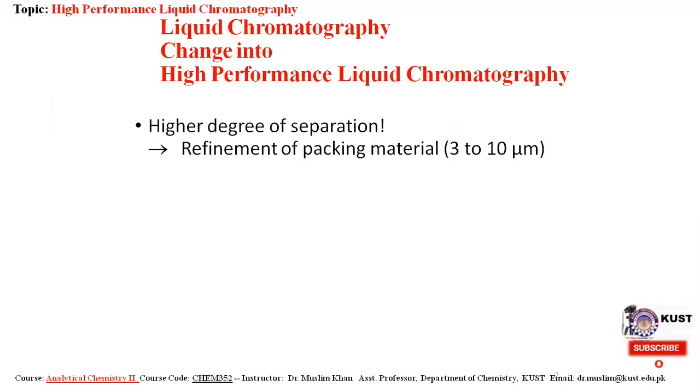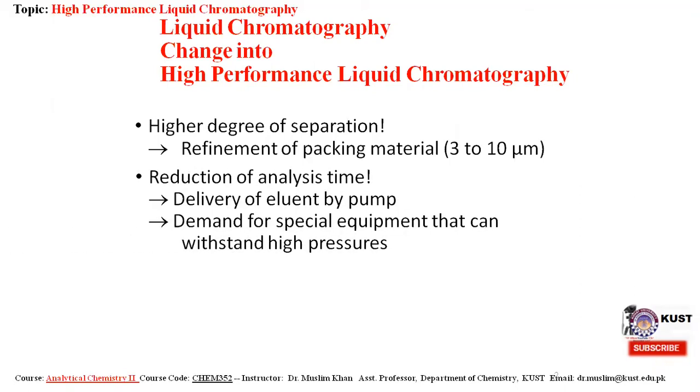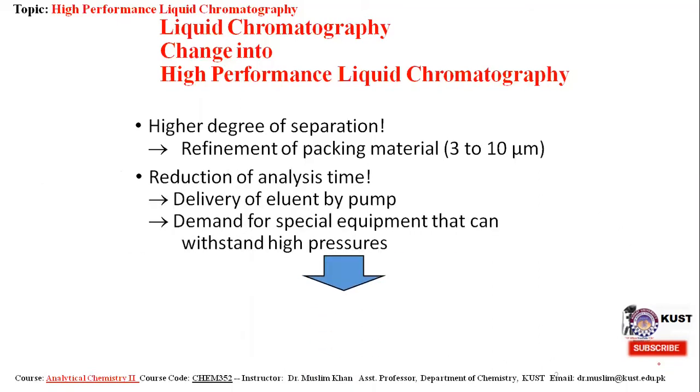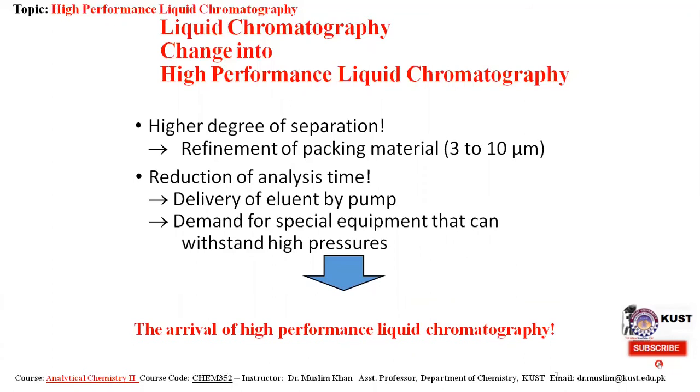Also, to reduce the analysis time, delivery of the eluent by a pump was needed. So a high pressure pump, and also special equipment that can withstand this high pressure, was needed. That's why, because of these changes, liquid chromatography was changed into high performance liquid chromatography, which is called HPLC.